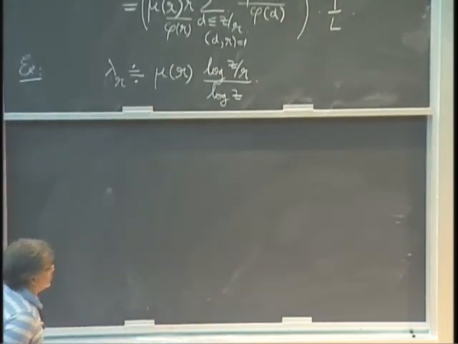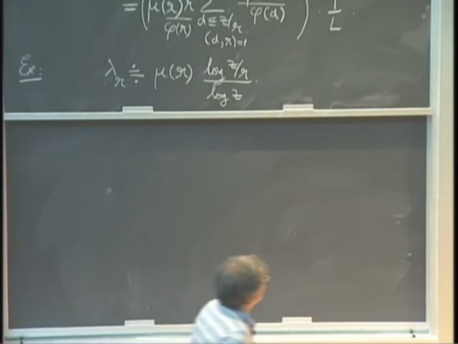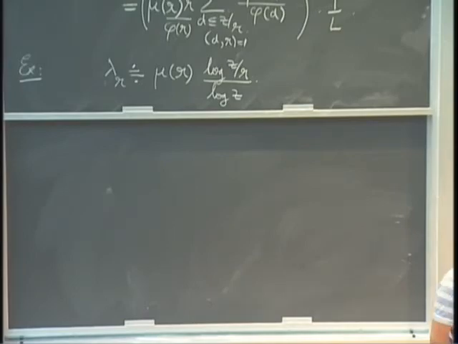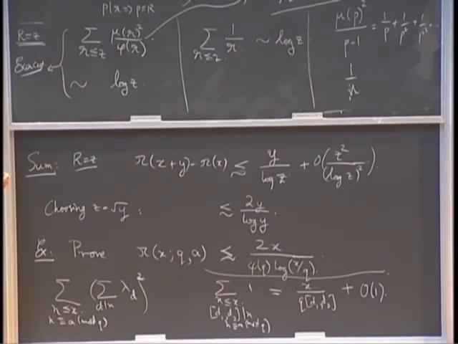Okay, so now I need to give a few more exercises. We haven't used this capital R parameter so far, right? So now let's think a little bit about capital R and what it buys us.